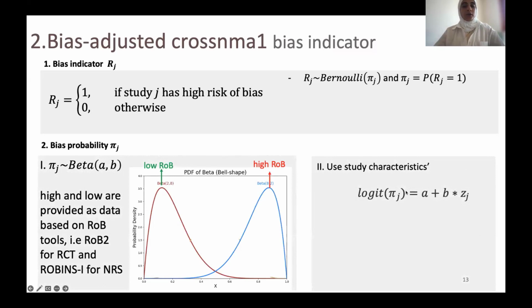By either assigning a beta distribution, where low risk of bias studies are given a distribution that is skewed towards 0, and high risk of bias studies are given a distribution that is skewed towards 1, and the studies with unclear risk of bias will be given a uniform distribution. Or instead, we can estimate the bias probability by using study characteristics, for example, allocation concealment, using a logistic model.